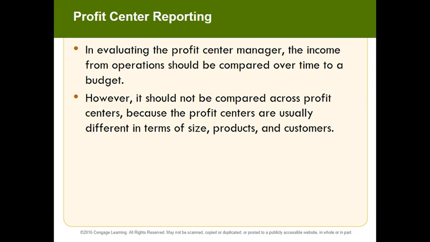So their markets, their demographics, who they're serving are different. So you don't want to just say one made 3 million, one made just over 1, so the 3 million one must be better. You want to take all factors into consideration if you are doing a comparison between profit centers.